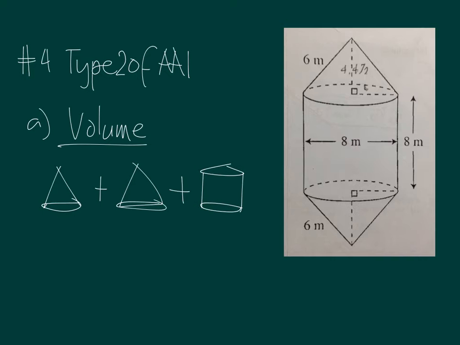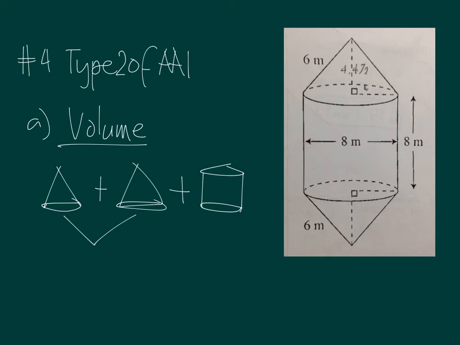As we take a look at the figure, the bottom and the top cones are basically the same. So if we solve for the volume of one cone, we can just multiply that by 2 and we get the volume of these 2 cones. And then for the cylinder, we just follow how to find the volume of a cylinder.